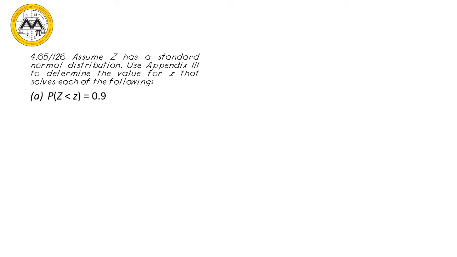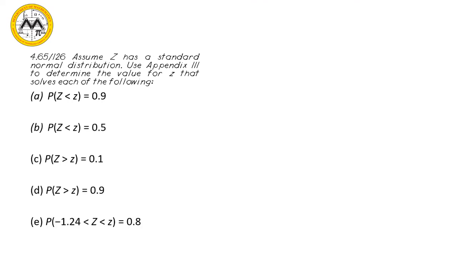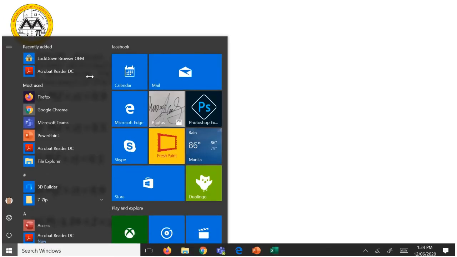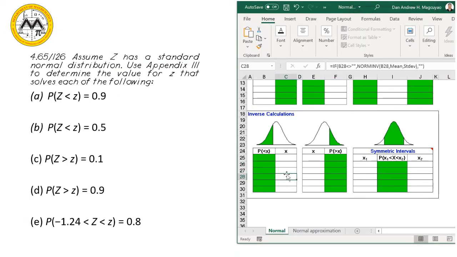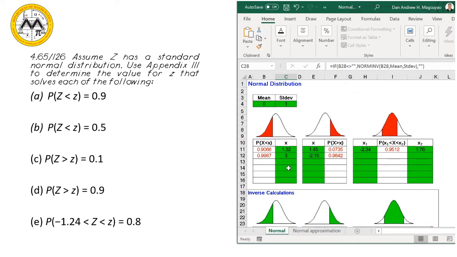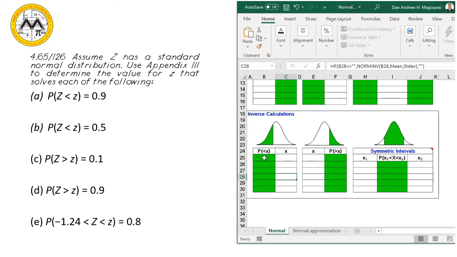Find the value of z such that the following probabilities hold. Again, since this is a standard normal distribution, the mean is 0 and the standard deviation is 1. If we're looking for the probability less than, so that's to the left, and the probability is 0.9, the value of z is 1.28.